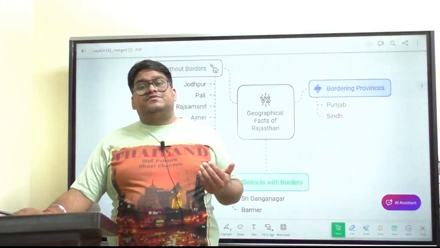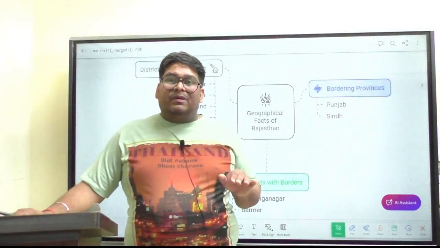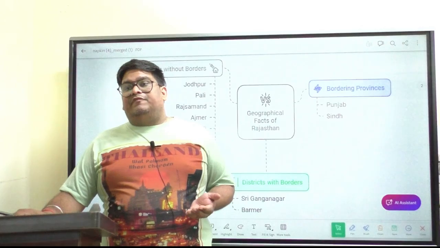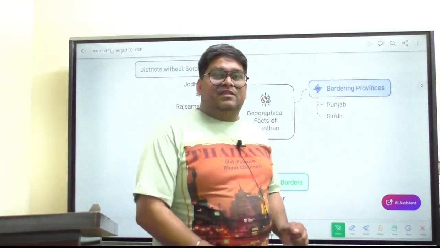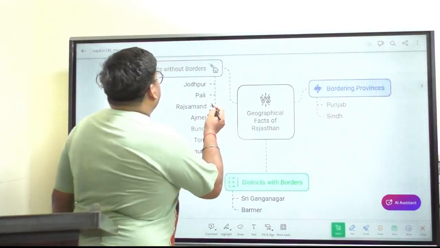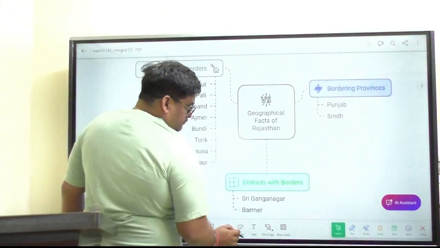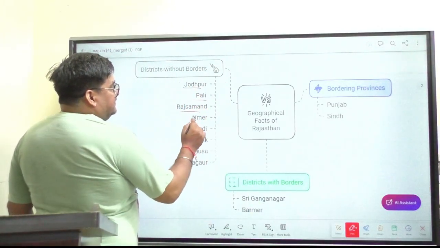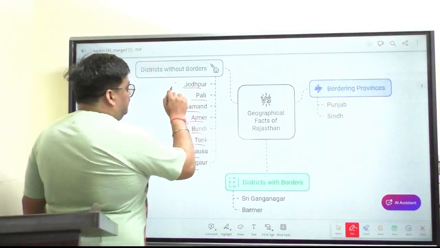Okay, 8 districts of the state do not form any border with any other state. That means they lie somewhere in the middle. That is Jodhpur, Pali, Rajsamand, Ajmer, Bundi, Tonk, Dausa and Nagaur.